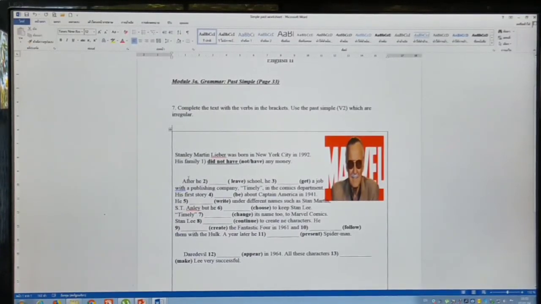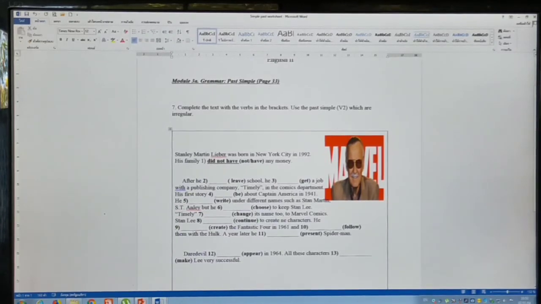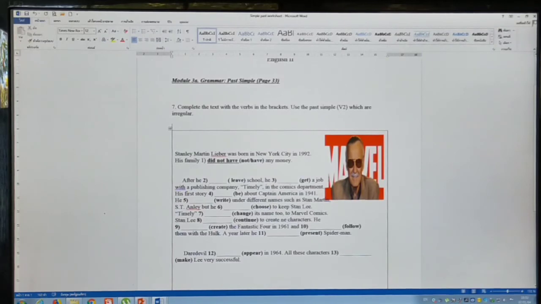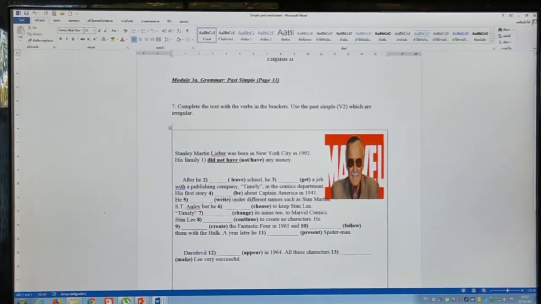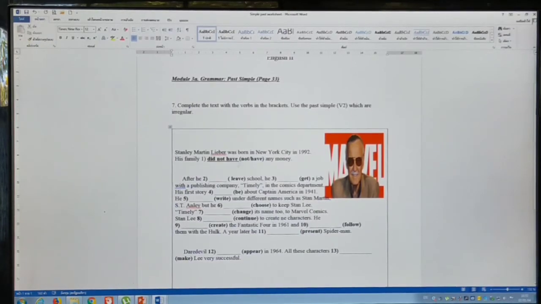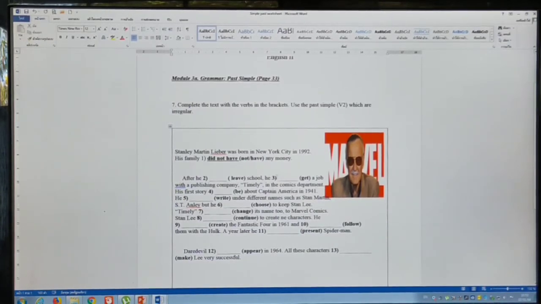For number 2, "After he blank leave school, he blank get a job." So what's the verb 2 of leave? What's the verb 2 of get? You write it in the blanks. Same with numbers 4, 5, 6, 7, 8, 9, 10, 11, 12, and 13.